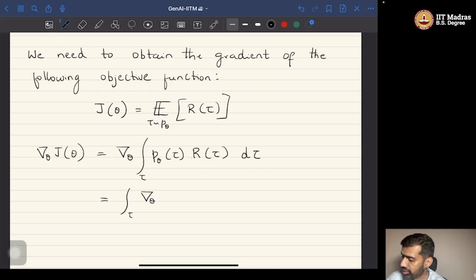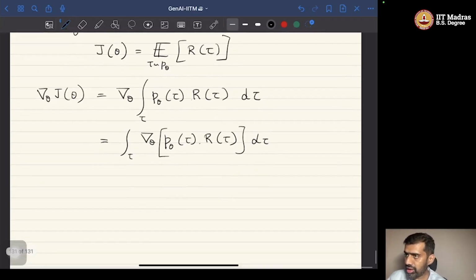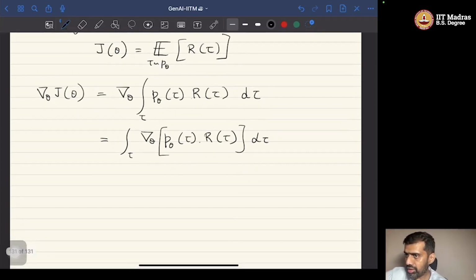So we have the integral of the gradient of p theta tau times R tau d tau. Now we need to find the gradient of this particular term p theta tau, because R tau is independent of theta.